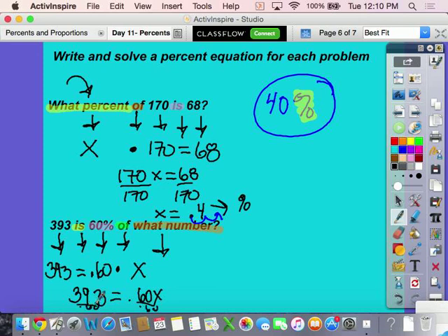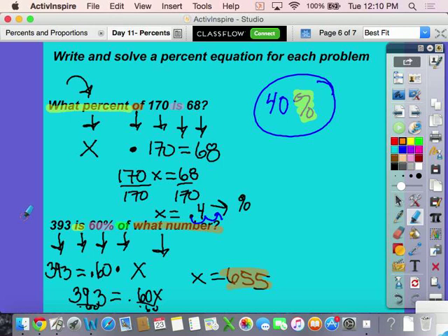And here's what we've got. X is equal to 655. No percent. Look at what the question is asking me. The question's saying of what number? It's just a number. 655 is just a number.